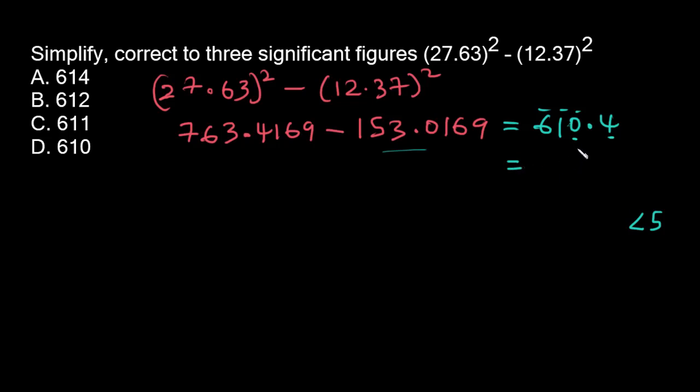For instance, if it is 5, it's going to increase the last significant digit, but since it is less than 5, it has no effect on the last significant digit. So we'll just have our final answer, 610 to 3 significant figures.